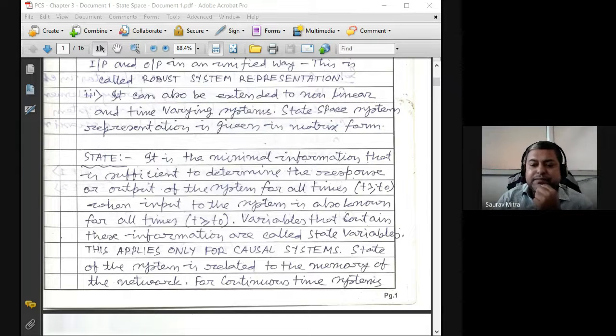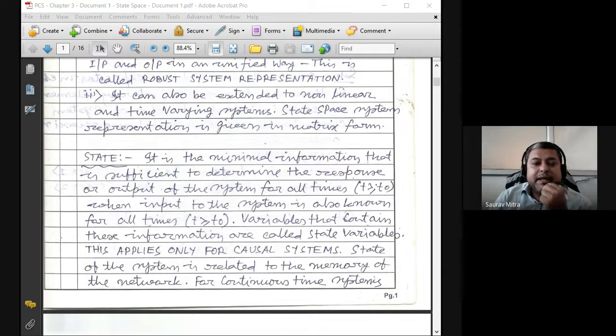But somebody can take different states as well. V_R and V_L you can take, V_C and i_L you can take, V_L and i_L you can take, V_R and i_L you can take. We will solve this RLC numerical with different combinations of state variables, but a maximum of two state variables we will take.